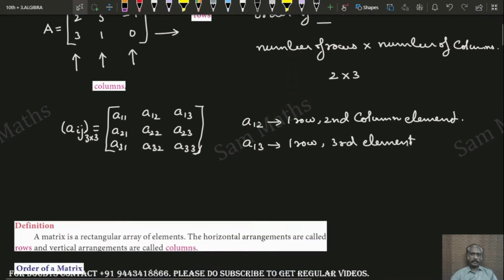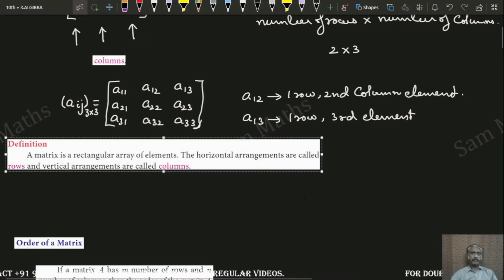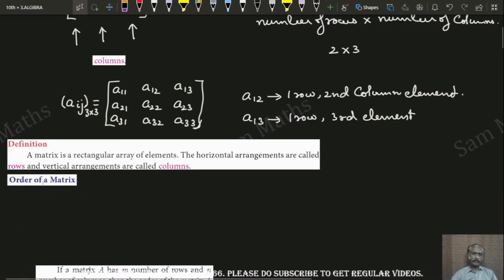Now we can see the definition of the matrix. A matrix is a rectangular array of elements. The horizontal arrangements are called rows and the vertical arrangements are called columns. Already I explained what is order.